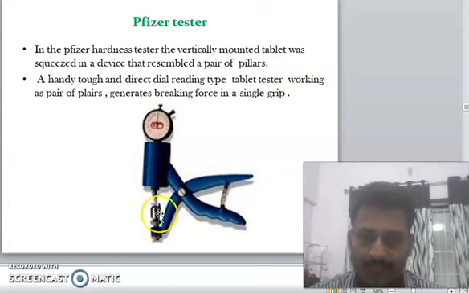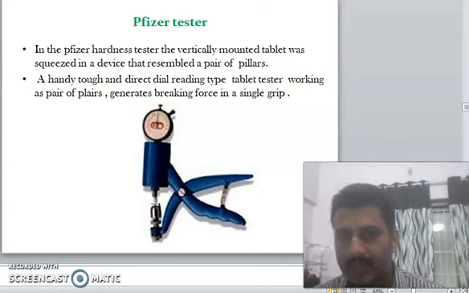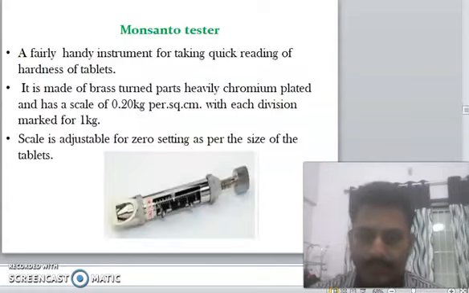How much force is applied to break the tablet determines the reading you get on this dial. That is the hardness of that tablet. That is called the Pfizer tester.